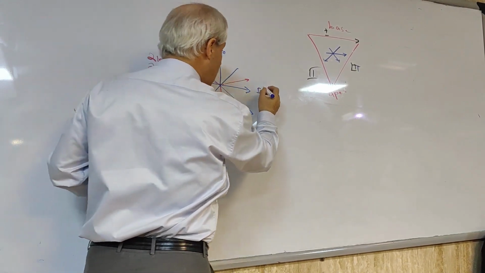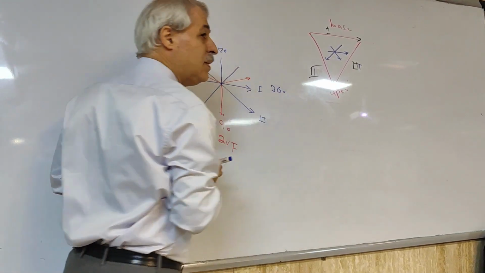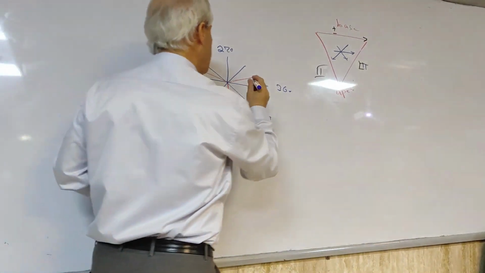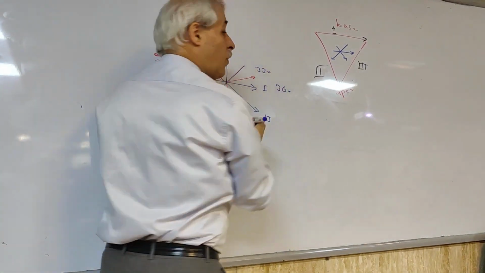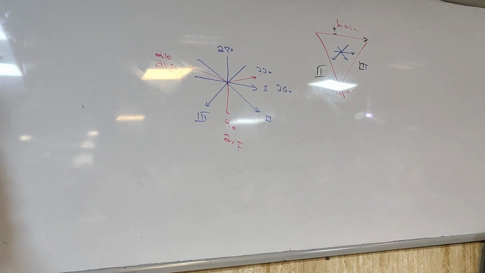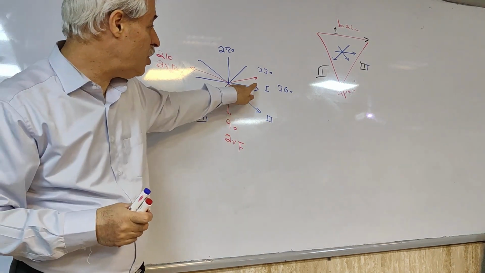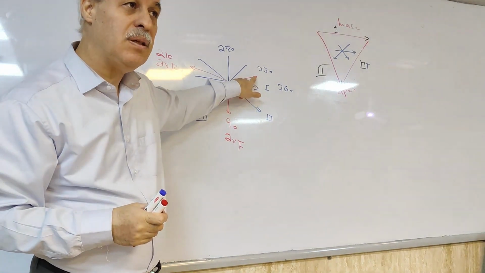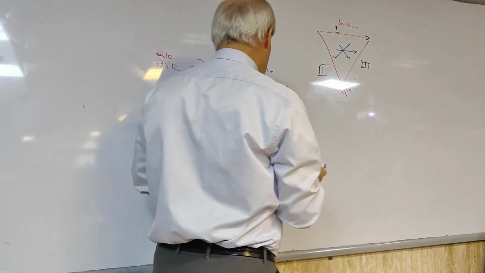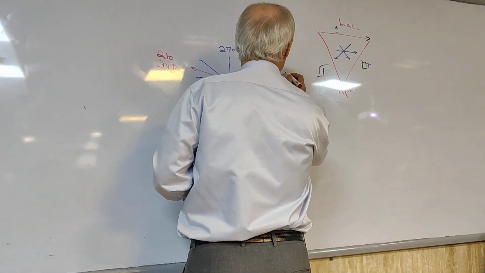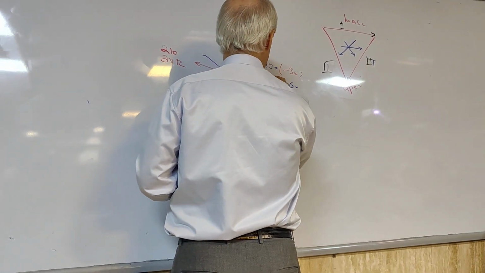From the positive, that would be 360. AVL would be 330 from the positive direction or minus 30 from the negative direction. Okay. From the negative direction, that would be minus 30. This is AVL, minus 30 or 330.